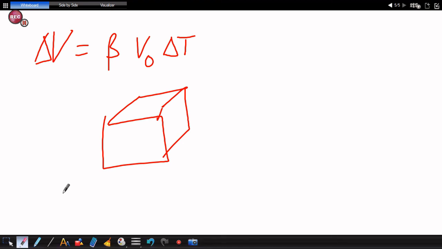There we go. So there's a cube. This thing is going to expand in 3 directions. It's going to expand upwards and downwards. It's going to expand across the board, left and right. And it's going to expand outwards.